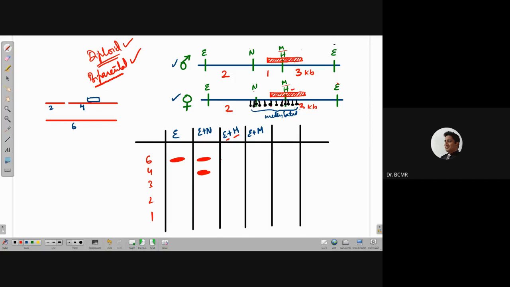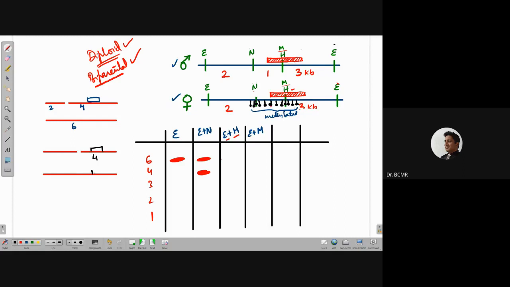What about E and H? E and H, it's easier to draw this way, and that will help your understanding better. So E and H is going to cleave in the middle like this, but H, that is HPA2, is methylation sensitive, so it cannot cleave the other allele. So what we'll end up with is a 4 kb fragment.